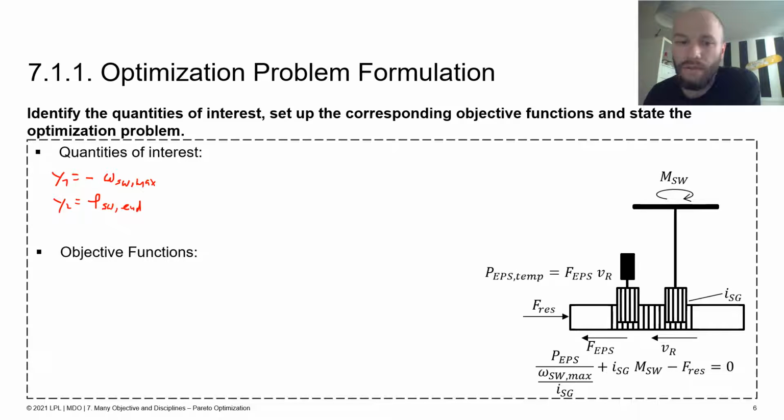And now we also formulate the objective functions. The first objective function with respect to the speed is f1, and here we can just use the formula. How can we calculate the angular speed? The angular speed can be calculated by the gear ratio and the rack velocity.